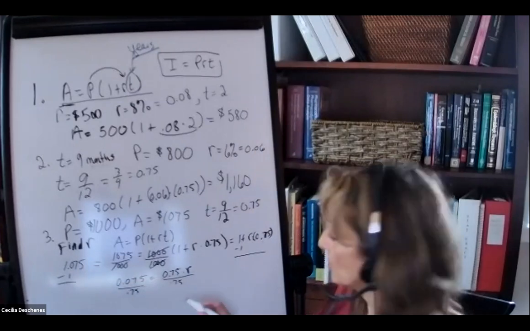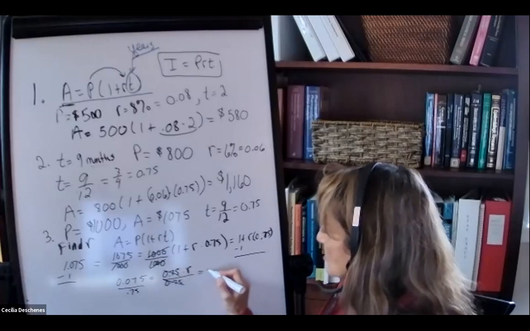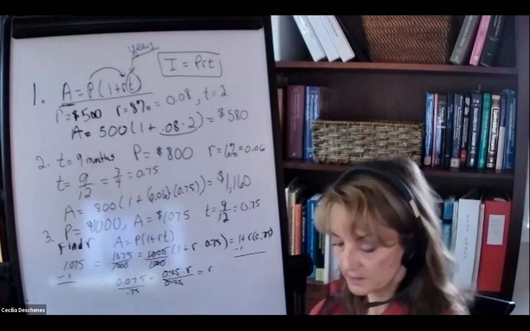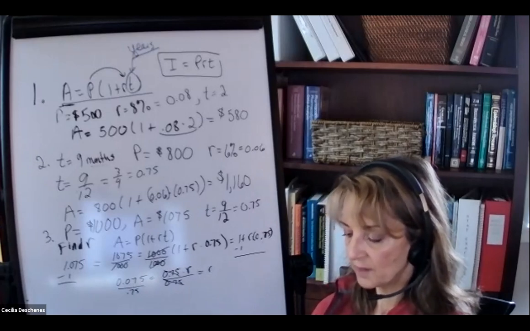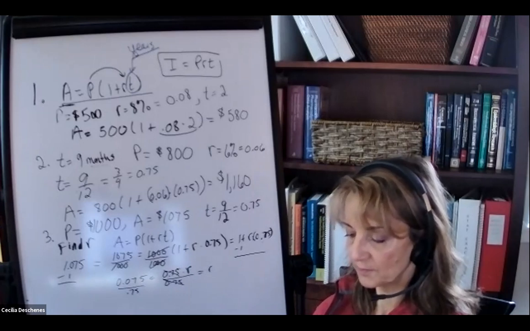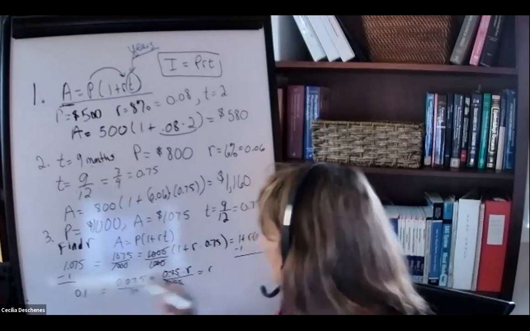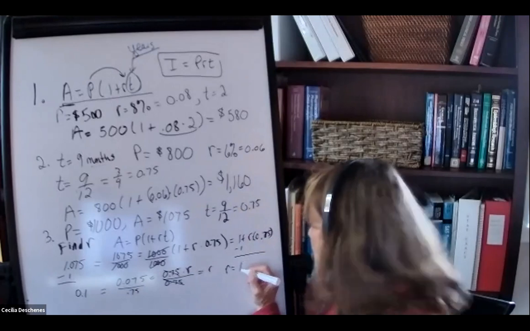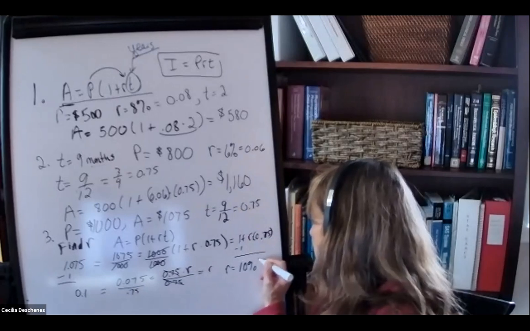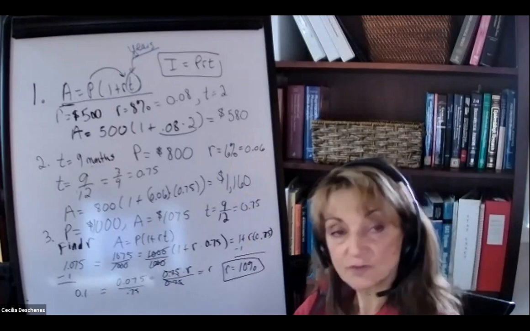Over here, these are going to cancel, leaving us with r. And the rate is going to be 0.075 divided by 0.75, and that's going to equal 0.1. So the rate is 0.1, written as a percentage is 10%. Okay, so that takes care of those first three problems.